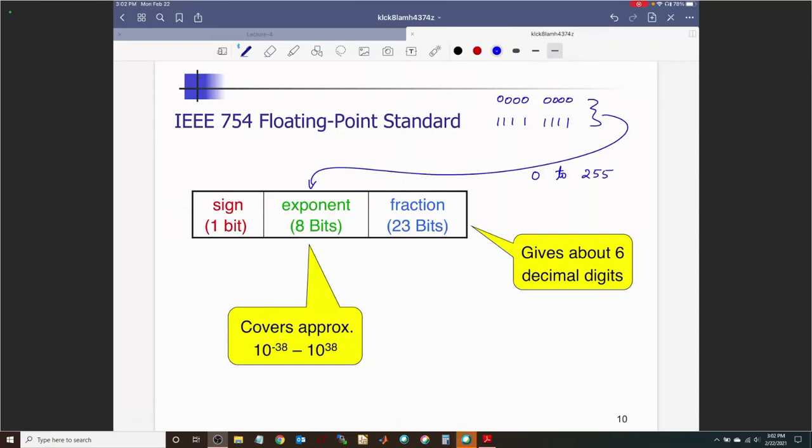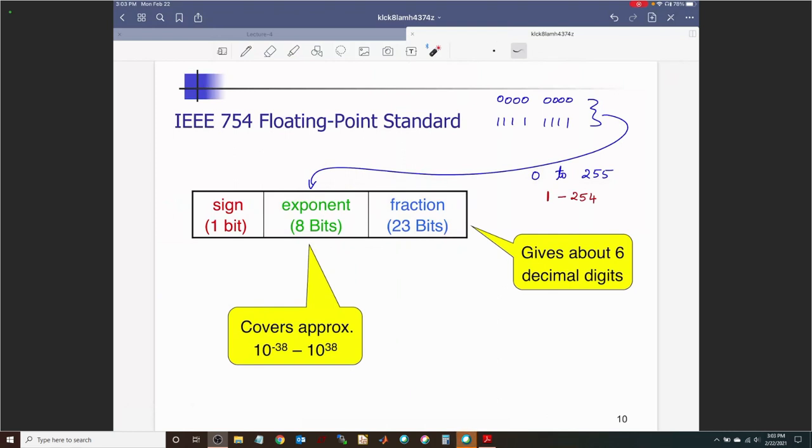Now if you remove the 0 for the 0 itself, and if you remove the 255 for say infinity, then you are looking at 1 to 254 as the numbers other than 0 and infinity that you would need to express using this 32-bit number.